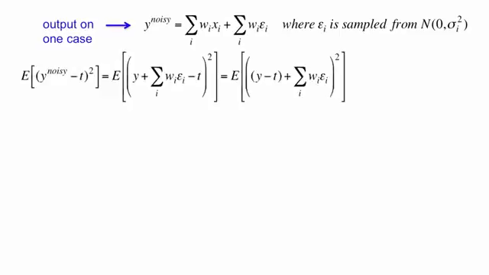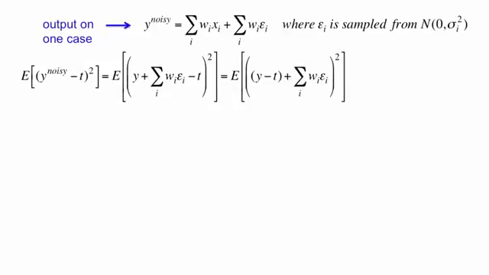So if we compute the expected squared difference between y noisy and the target value t, that's the quantity that's shown on the left-hand side of the equation, and I'm using an E followed by square brackets to mean an expectation. That's not the error, that's an expectation. And what we're computing the expectation of is the thing in the square brackets. So in this case, we're computing the expectation of the squared error that we'll get with the noisy system.